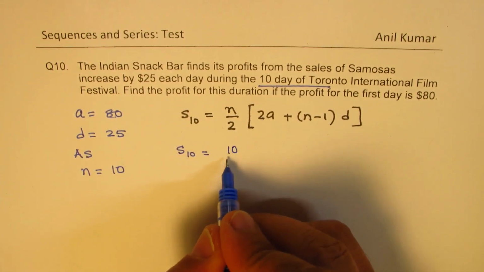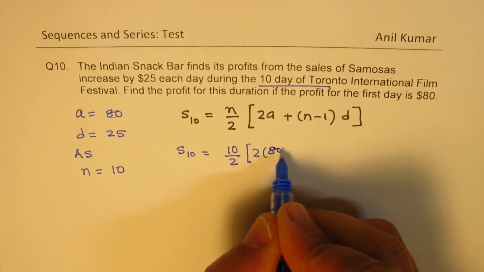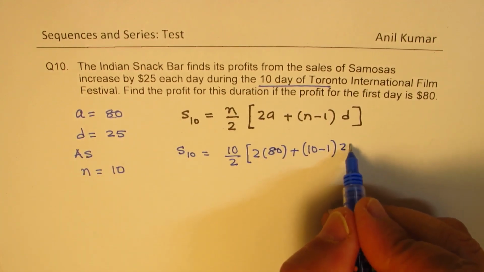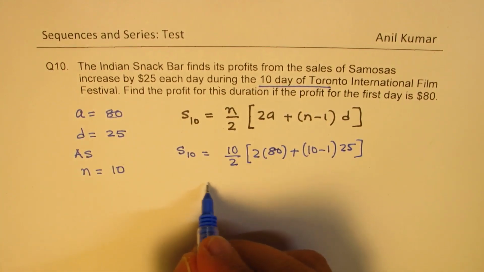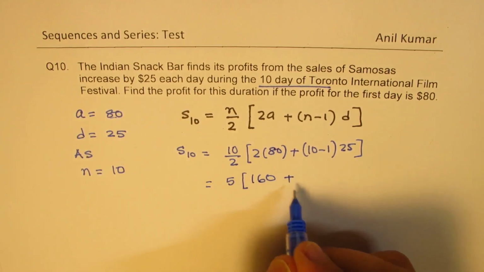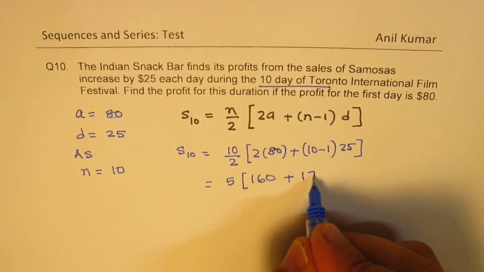So n is 10, so we get 10 over 2 times 2 times a, which is 80, plus n minus 1, which is 10 minus 1, times d, which is 25. So we get here 5 times 160 plus 9 times 25, which is 225.